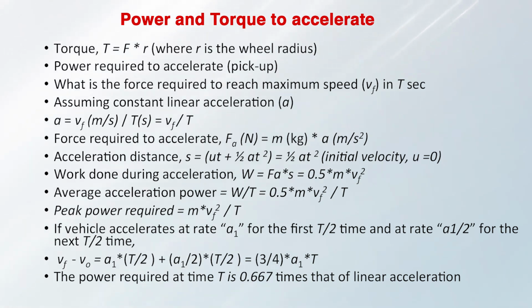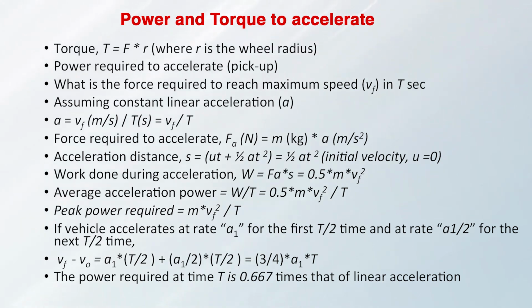Now, what should be the work done during acceleration? The work done during acceleration is given by force into distance, which if you substitute, will be 0.5 into m into v f square. The average acceleration power is w by t, which is 0.5 into m into v f square by t, and the peak power required, which is what we need, is m into v f square by t.